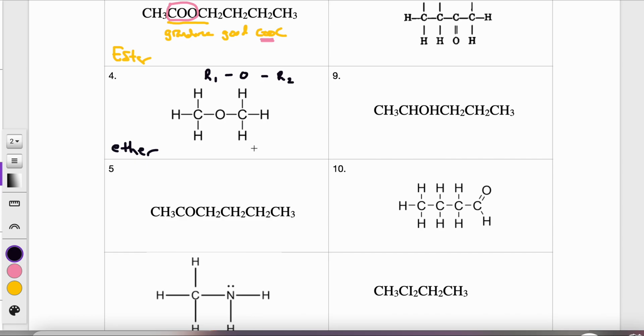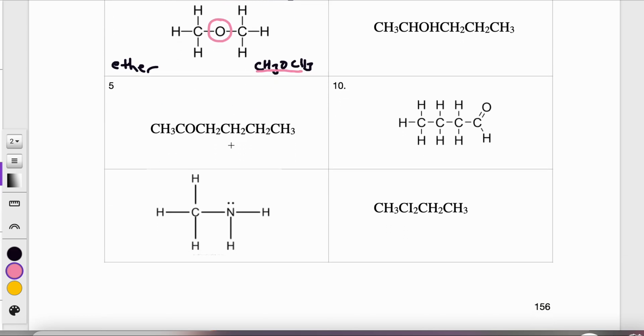Just write out the condensed one. So CH3OCH3. And when I take a look across this, I see chocolate. And what I need to circle is the oxygen bridge. So I'm circling what makes this an ether and classifying it as an ether. And when I went from full to condensed, I can see chocolate, helping myself out here.